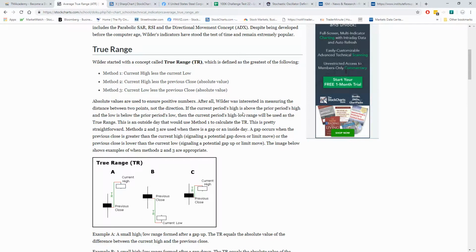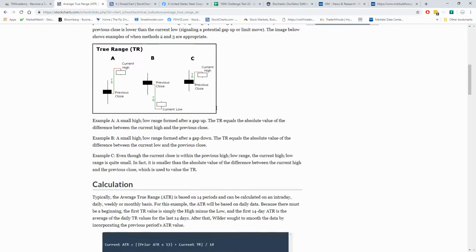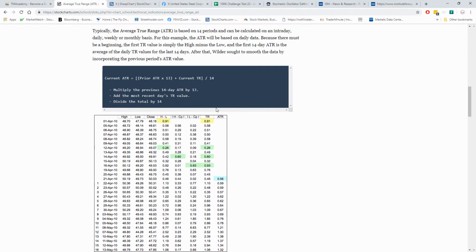But here we go. The method is very simple. It's this true range method where he's looking at highs, lows and closes, taking some of the variance out of the calculation and just finding what the average range of the stock is over a certain period of days. That's it.